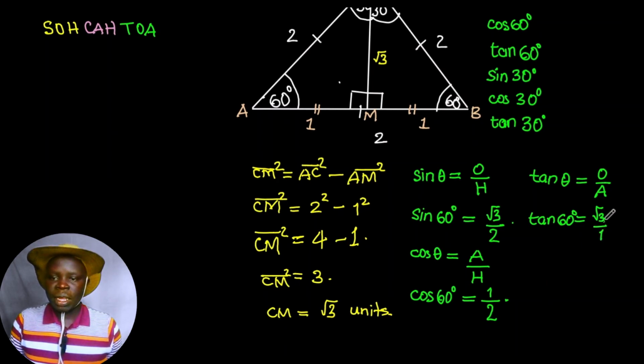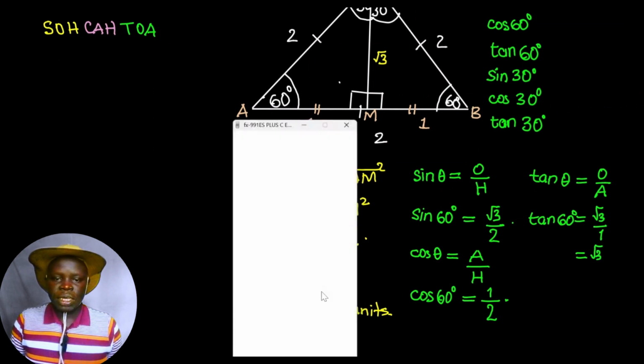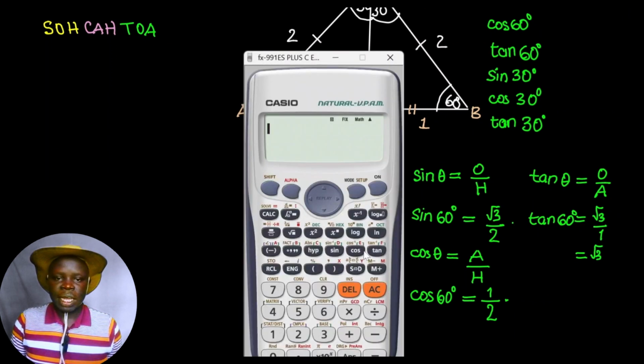Therefore, this is proved correct. We can also go ahead and check that tan of 60 degrees gives root 3, and that is exactly what I've just seen.